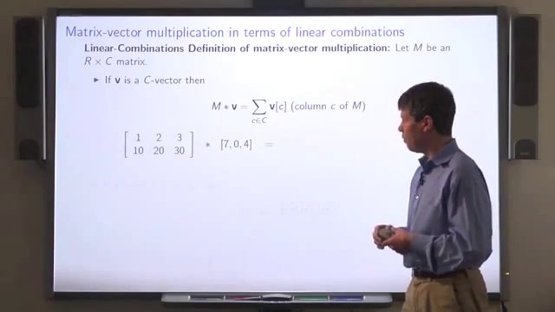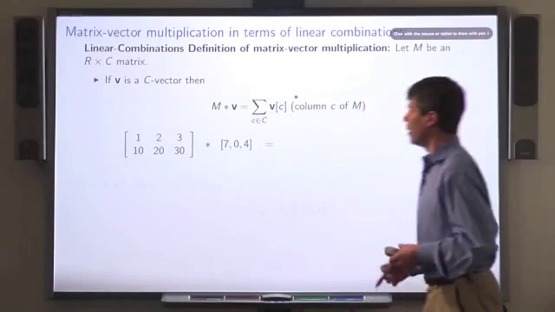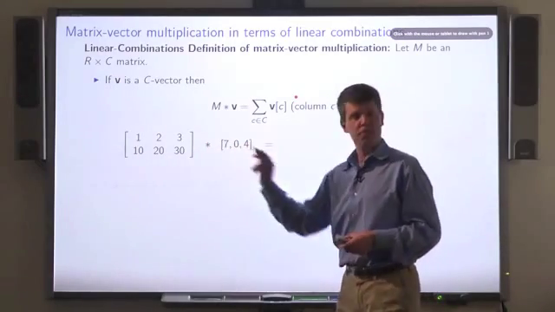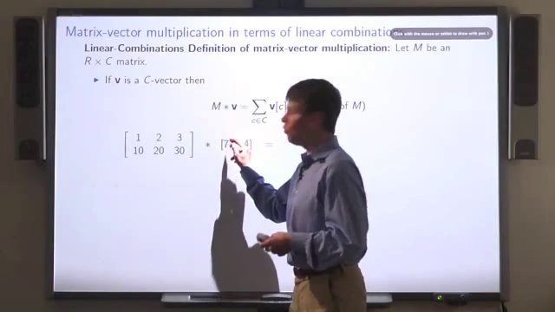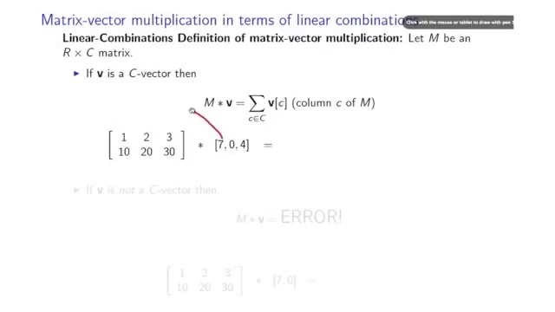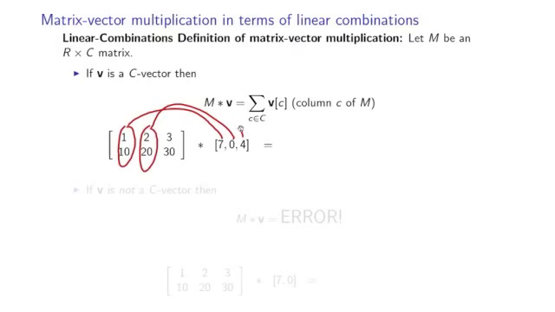So, for example, given this matrix and this vector, we take the product by multiplying the first entry of the vector by the corresponding column, the second entry of the vector by the second column, and the third entry by the third column.